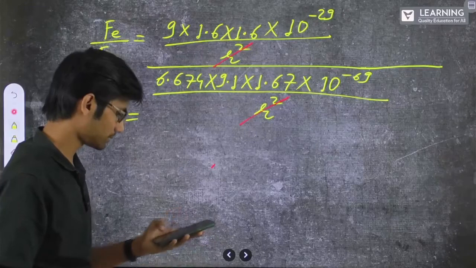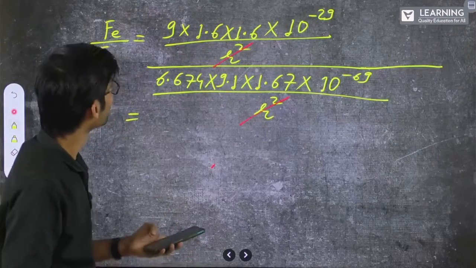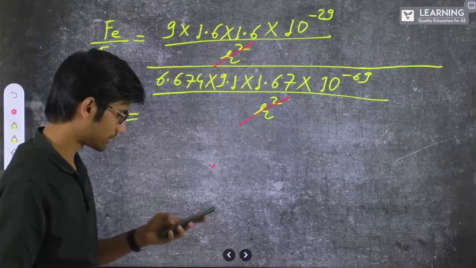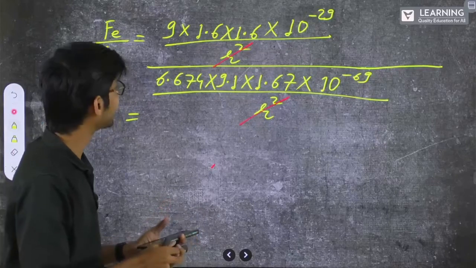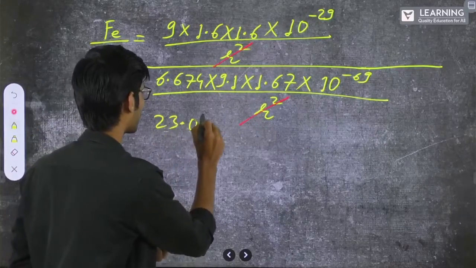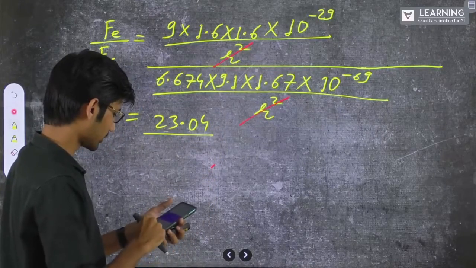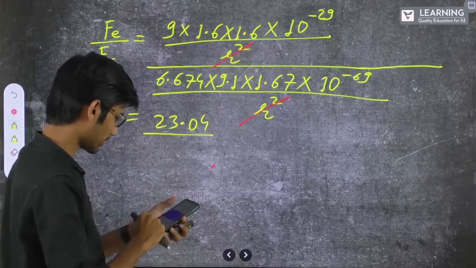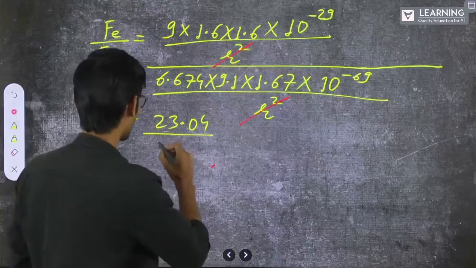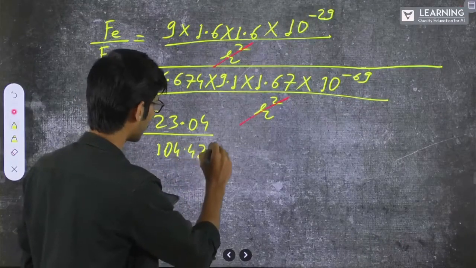So this will be 9 into 1.6 into 1.6, which is 23.04, divided by 6.674 into 9.1 into 1.67, which is 101.424.